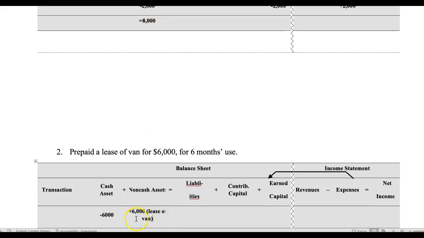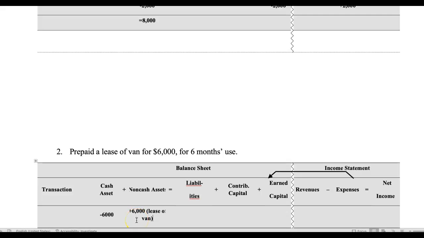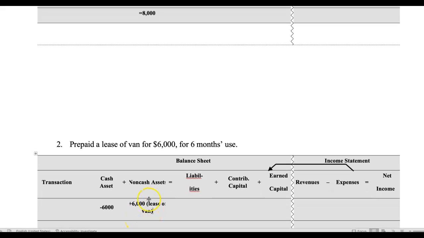Another point related to this is prepaid expense. If you check my videos, prepaid expenses are like a lease of a van, which is also a prepaid. It's just like prepaying a phone card, or prepaying the Wall Street Journal. So prepaying something means that we are entitled to use this asset for a future period of time.